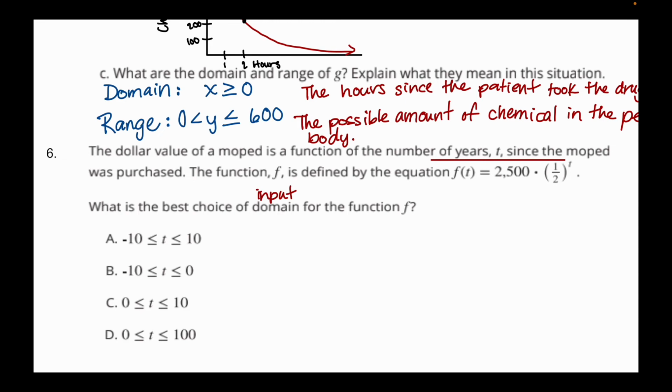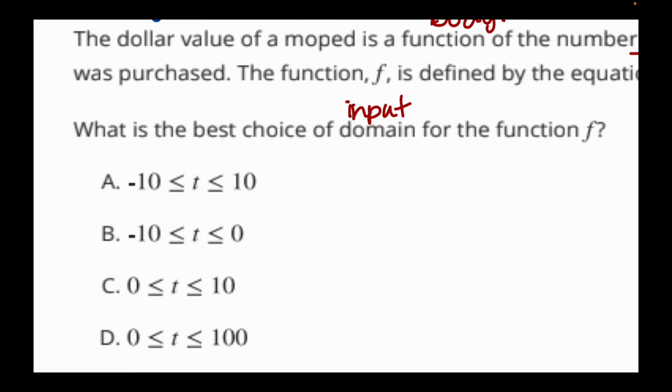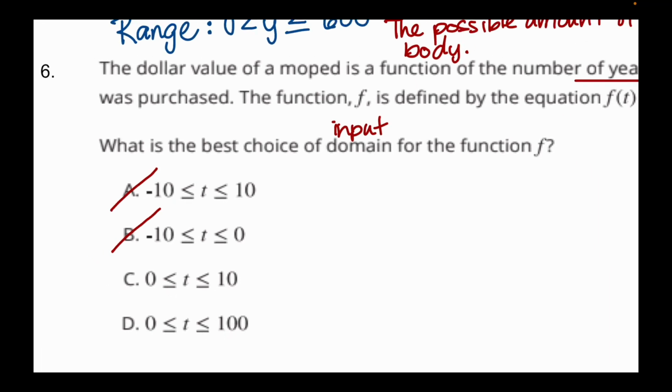So I'm not going to include negatives, and I am going to allow 0 to work, so that narrows me down to 2 choices. Not going to use negatives here, so not going to use A and B. I am going to use 0, so 0 works for both C and D. But now the question is, do I use 10 or do I use 100?